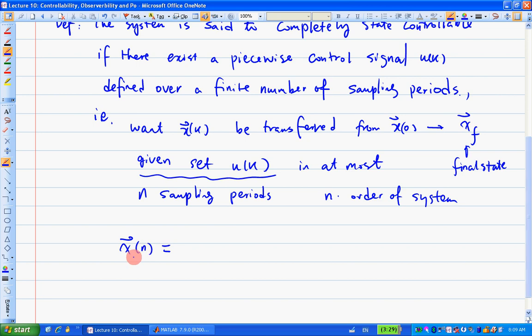Basically, what would be the value of x of n in terms of your initial state?